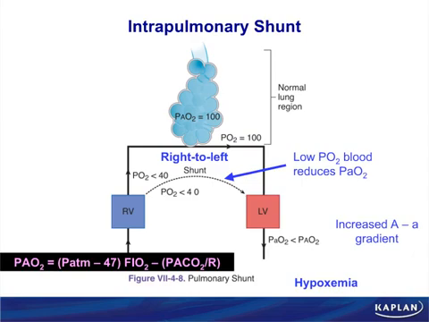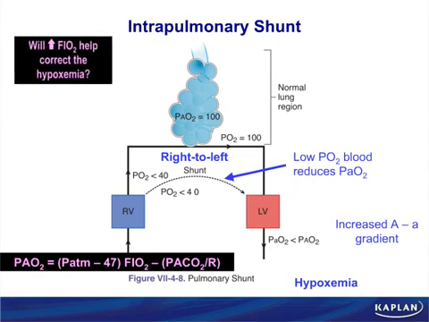So the normal lung regions will have a normal alveolar PO2, but this venous blood mixing in with my arterial blood is going to cause hypoxemia. So notice I have an elevated AA gradient. What increases the AA gradient? Diffusion problems, VQ mismatch, shunts. Those are the things that cause an elevated AA gradient.